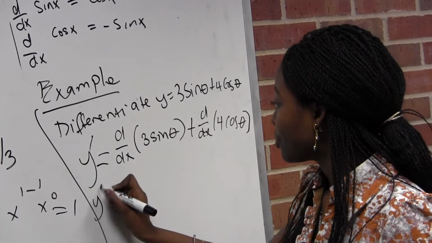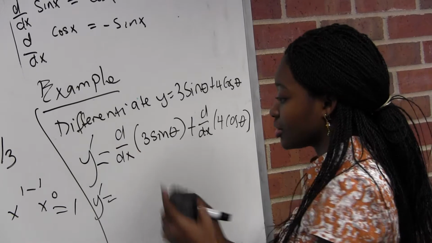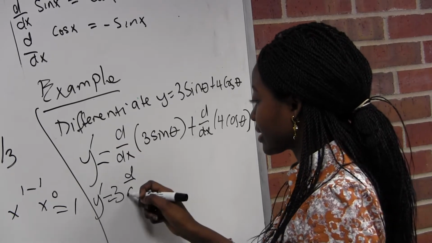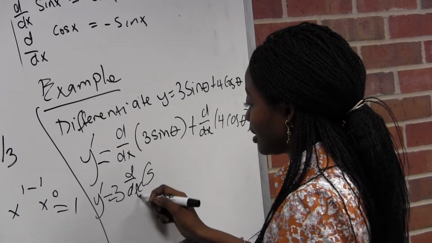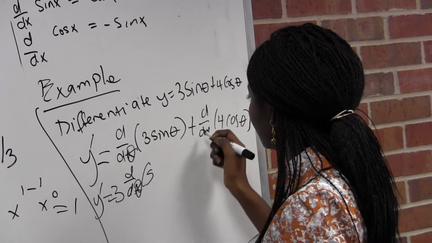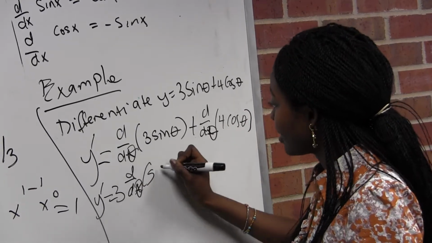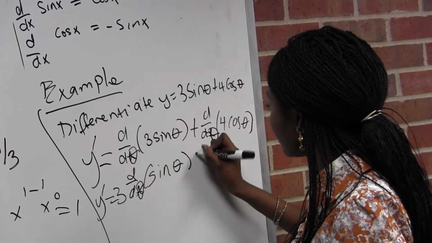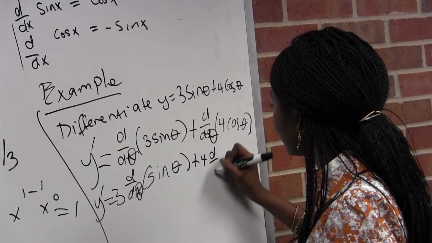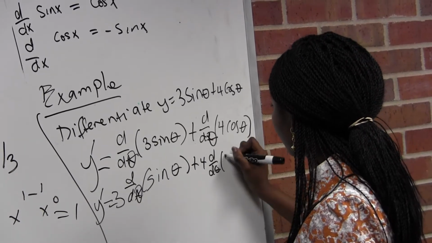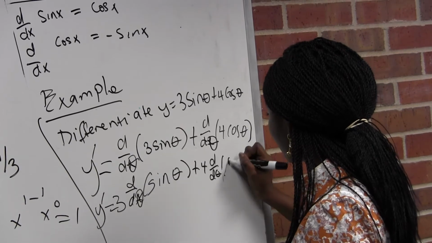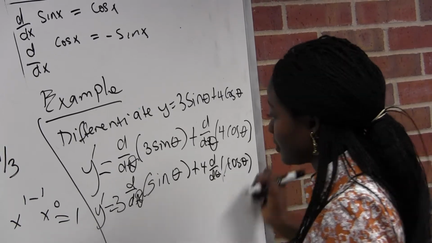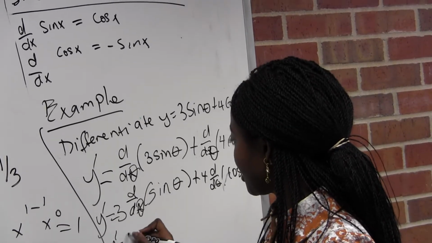So I have y prime, the 3 comes out, so I have 3 d dx of, oh actually this should be theta, not x. So I have sine theta plus 4 d d theta of cosine theta.